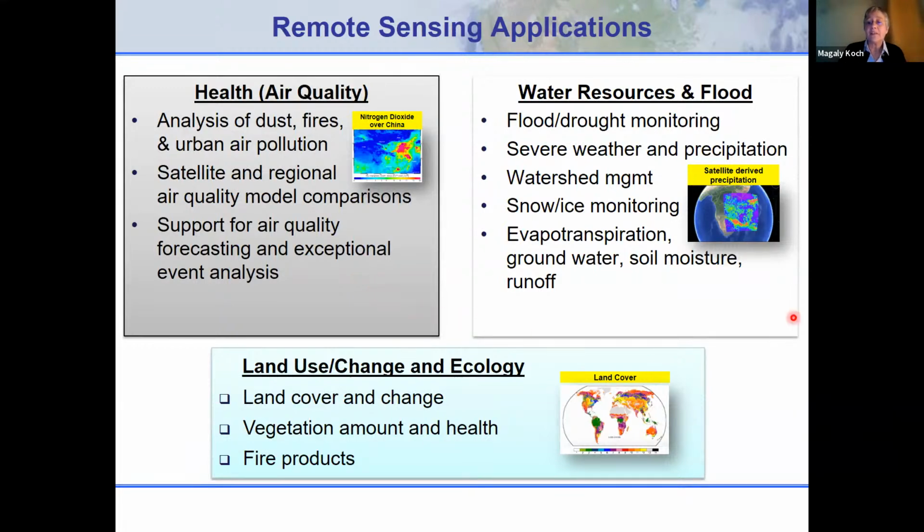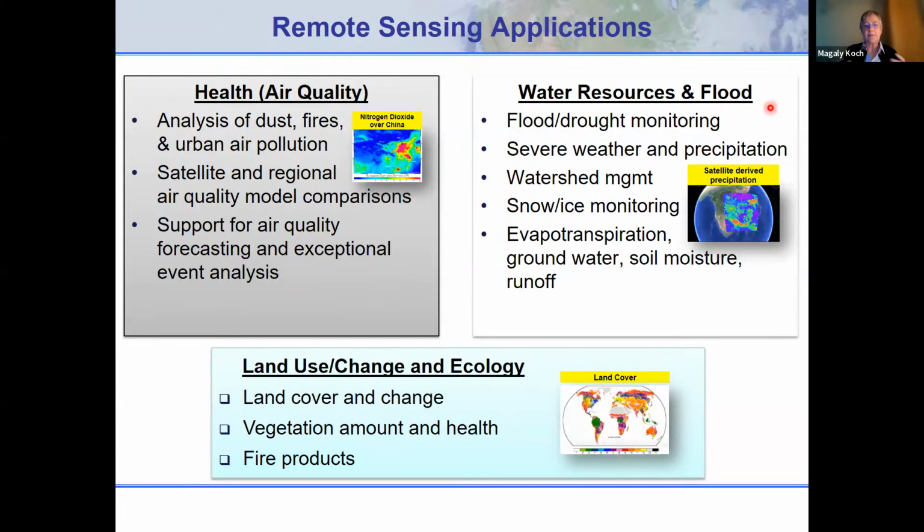There are other disciplines that are not necessarily interested so much in what's happening in the atmosphere, but the atmosphere has an effect on what's happening on the surface in terms of water resources and floods, right?